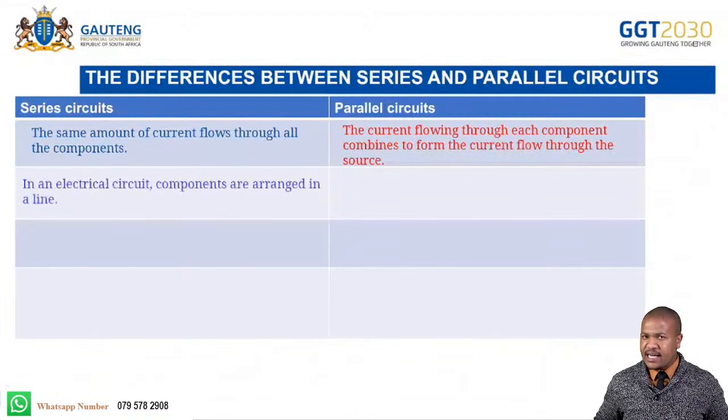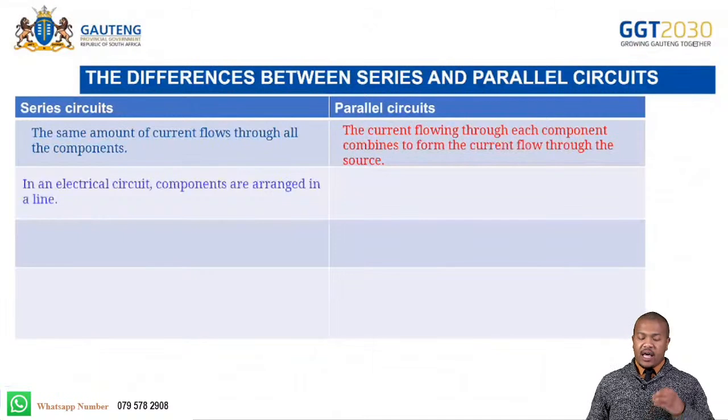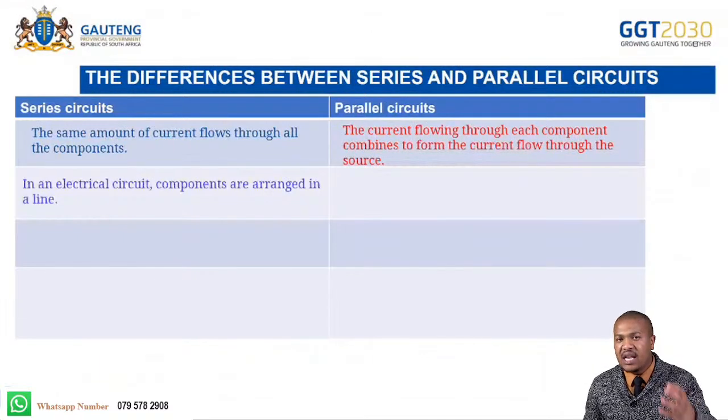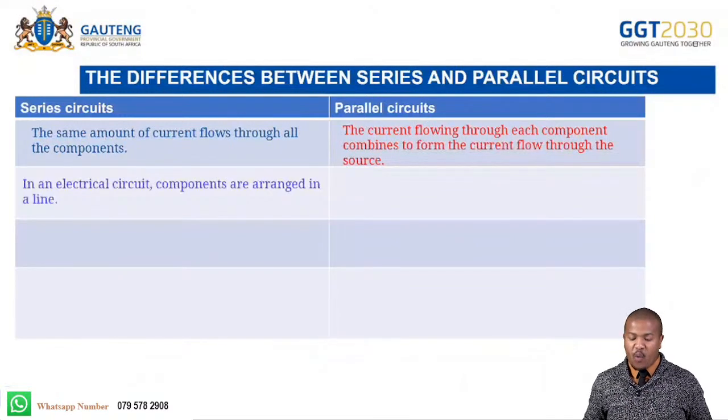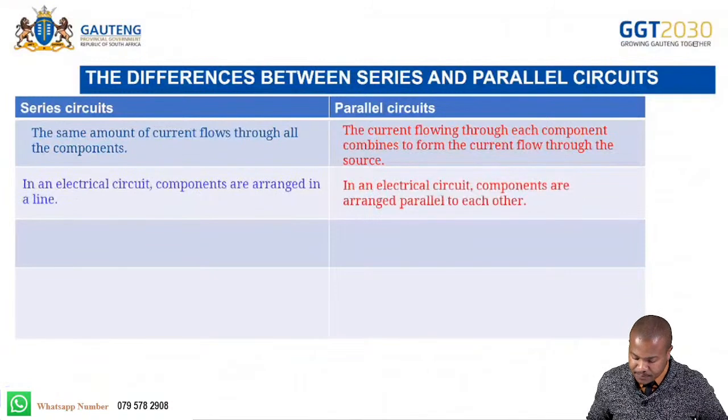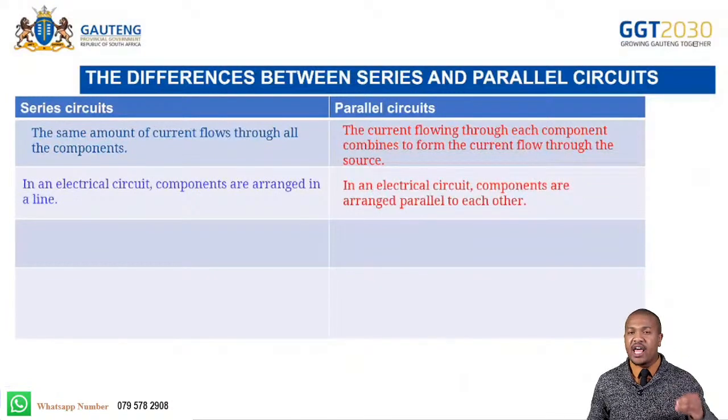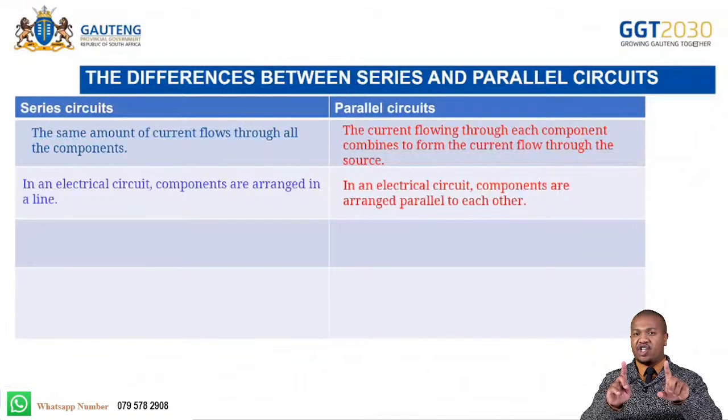In a series circuit as well, right? The components are arranged in a line, right? They follow one another. Whereas in a parallel circuit, the components are arranged parallel to each other, right?